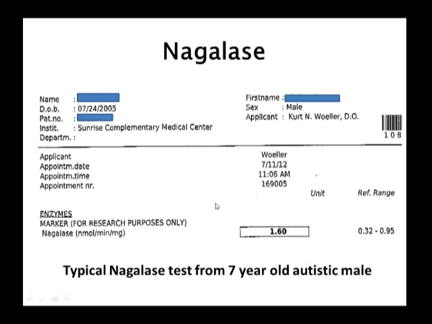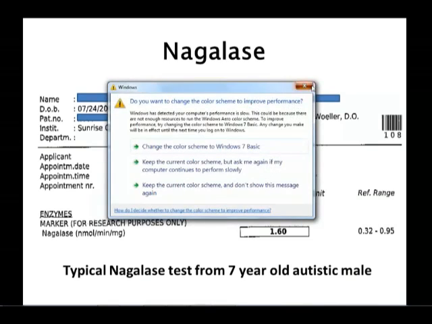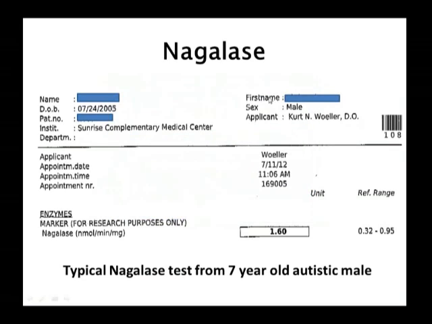And you can do nagalase testing. There is a lab here in the United States called Health Diagnostics that does nagalase testing. There's a lab over in Europe too. It'll measure nagalase as nanomoles, milligrams, etc. And the reference range they mention here is 0.32 to 0.95.